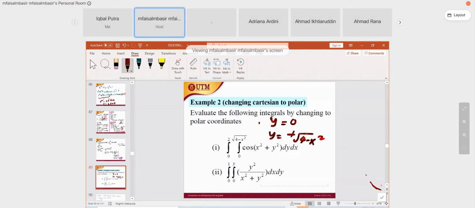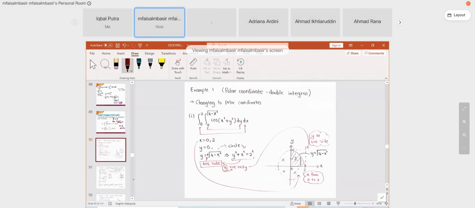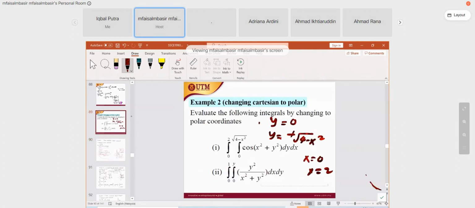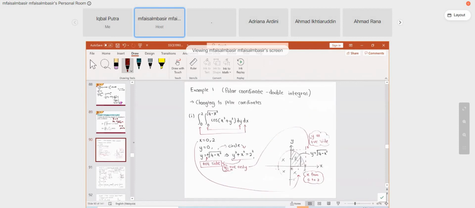So that's on the first quadrant. And then you have x equals 0, x equals 2. So this is just a circle with radius 2, but only in the first quadrant. So this is your region.